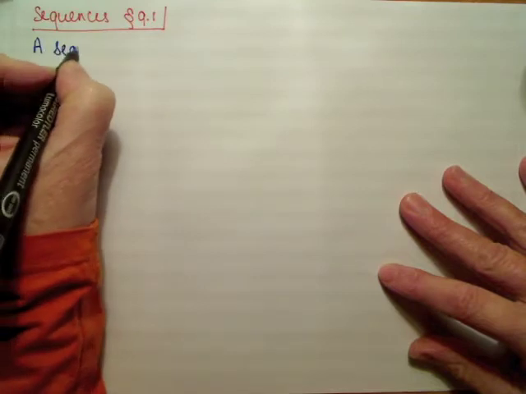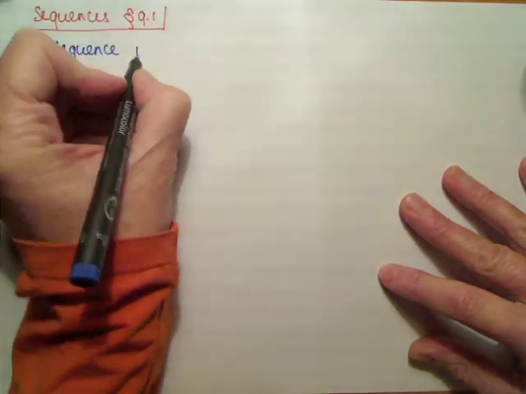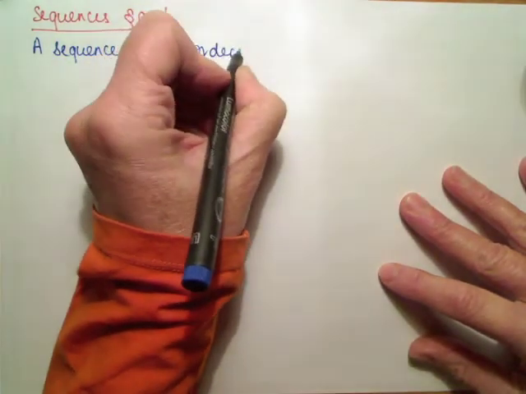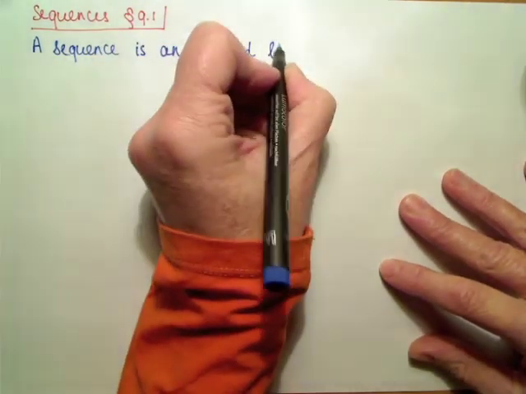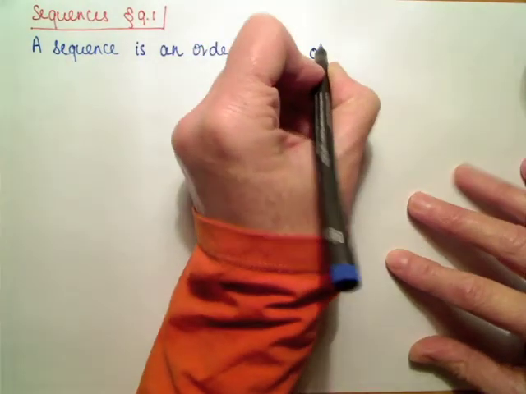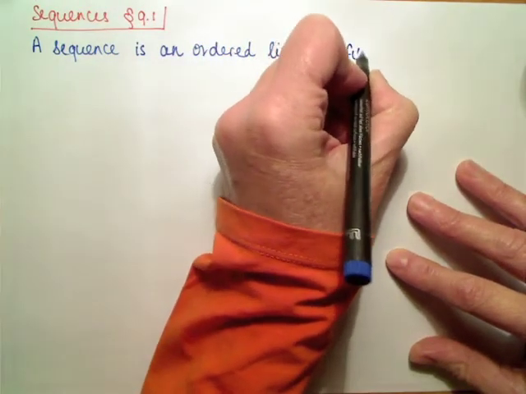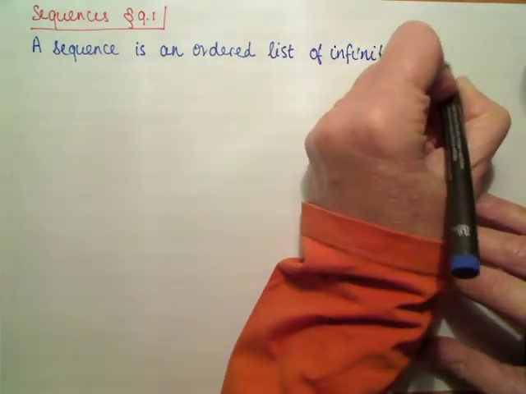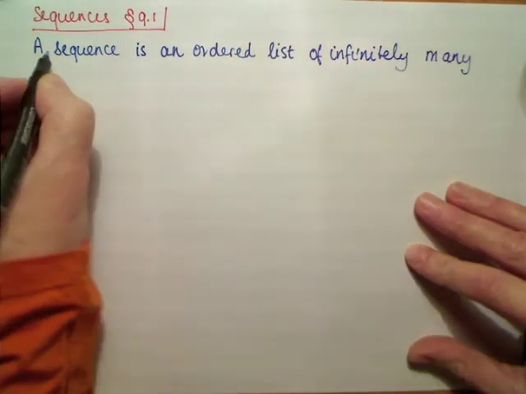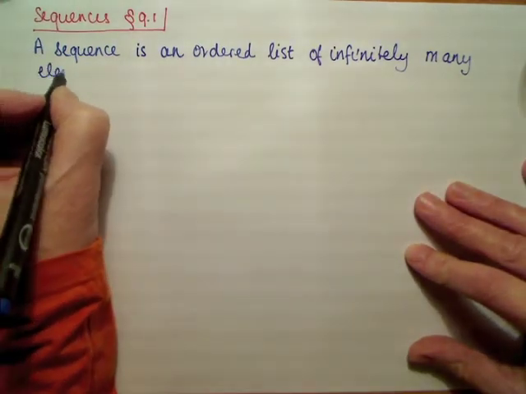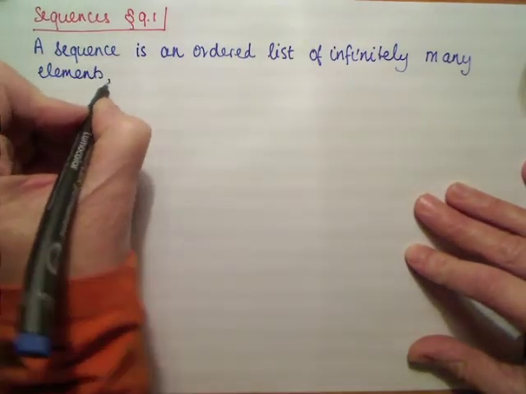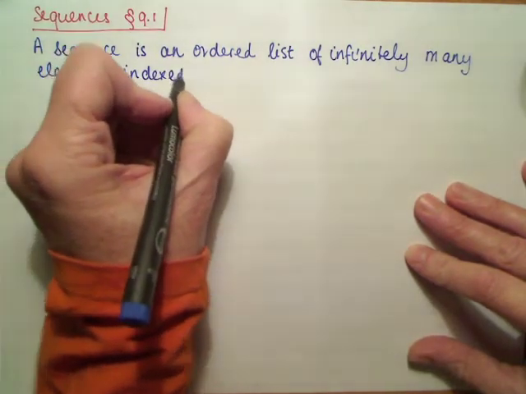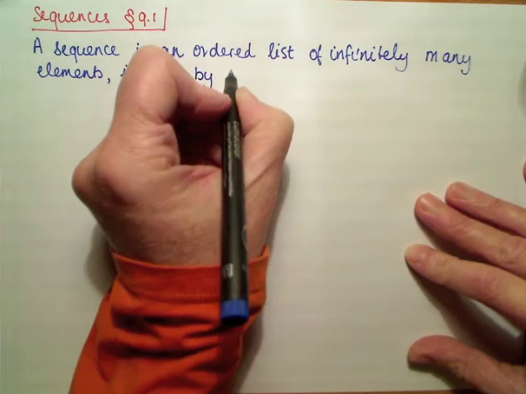A sequence is an ordered list of infinitely many elements, and these elements are indexed by 1, 2, 3, etc., by the natural numbers.